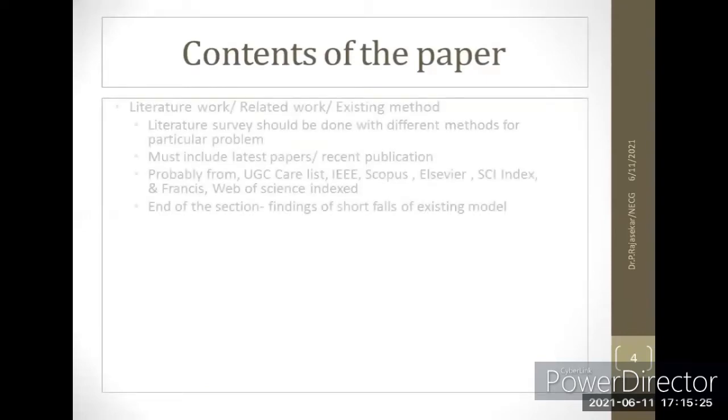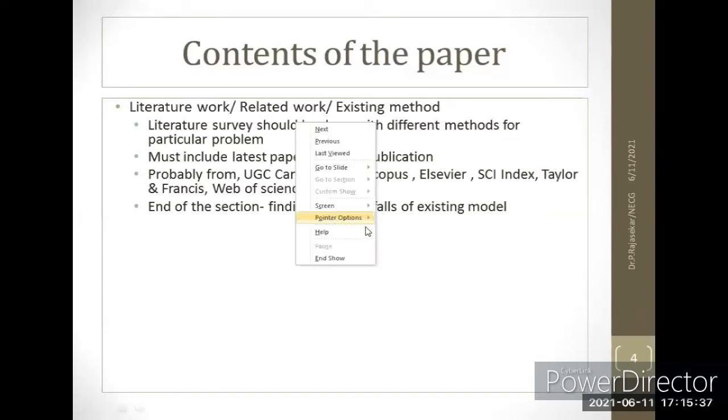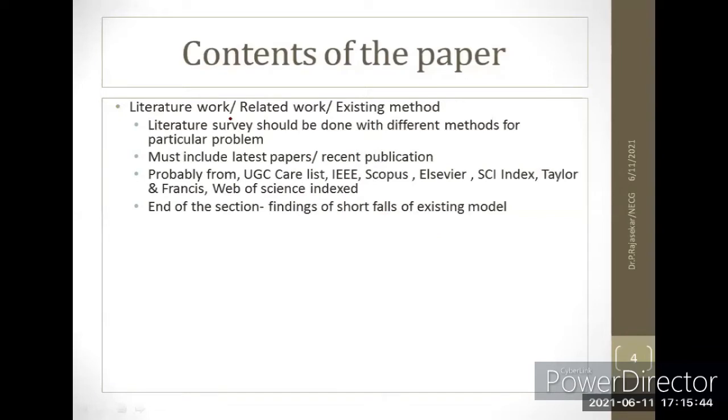So literature survey, the second part: the literature work or related work or existing method. It is an important thing. What are the problems you found in that literature survey? You can name it as literature work, related work, literature survey or existing method. It's your own choice.